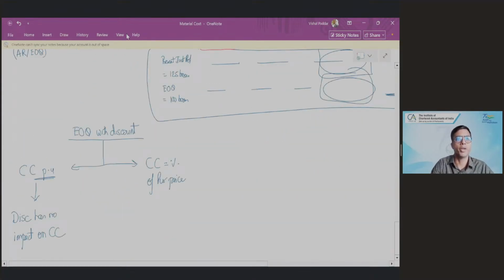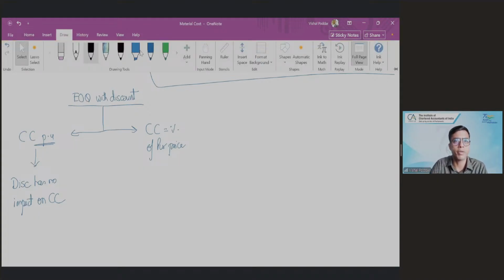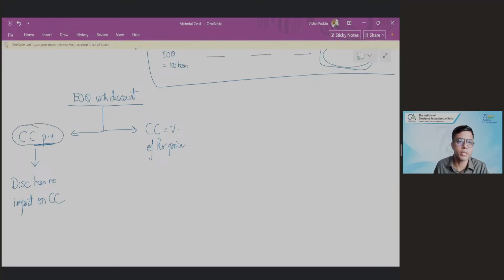So whenever EOQ is there with a discount, the first question that we have to answer is whether carrying cost is affected. See whether the carrying cost given in the question is per unit. If it is, the answer is not affected; carrying cost remains the same. But wherever carrying cost is given as a percentage of purchase price, there are two answers.